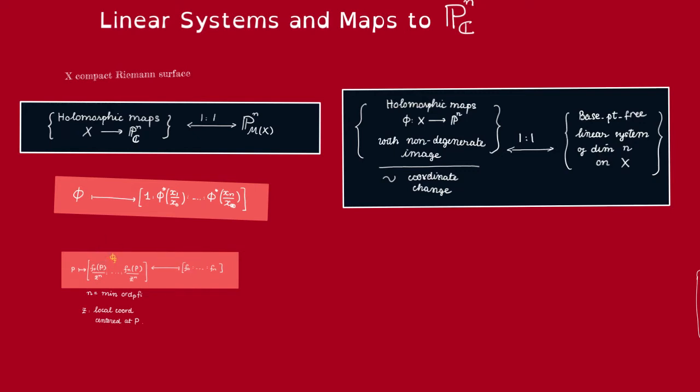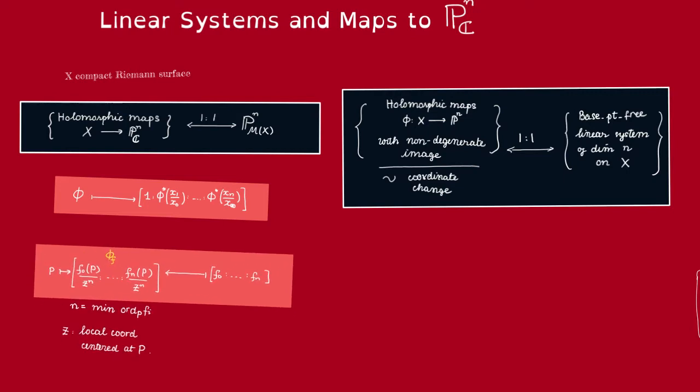Alright, so first let's motivate this viewpoint. Remember that every holomorphic map from X to the projective space is going to correspond to some tuple Fi. So now our question is, how do we view this Fi geometrically? Now the Fi are meromorphic functions on a compact Riemann surface. The special thing about a compact Riemann surface is that every meromorphic function is uniquely determined by its zeros and poles.